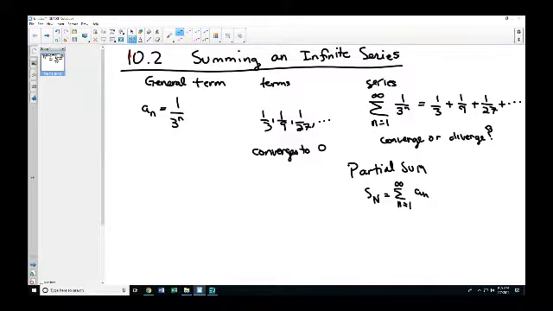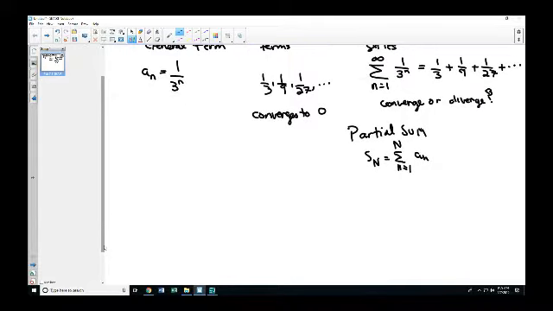Let's edit that right there, and put an N, a big N. That's big N. So a partial sum just takes a few of the terms and evaluates them. What's that? A sub n.